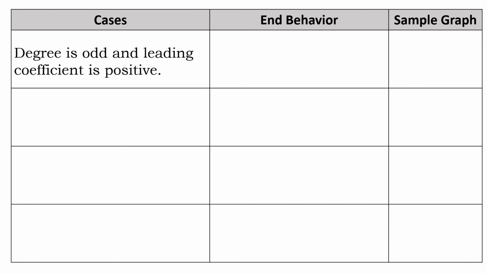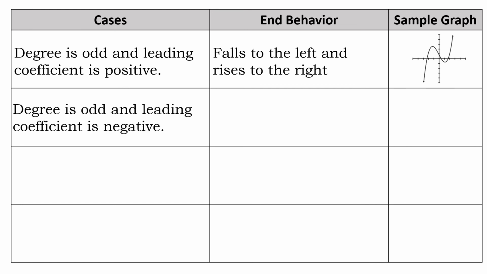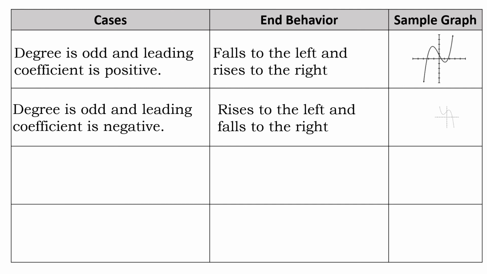If the degree is an odd number and the leading coefficient is positive, the graph falls to the left and rises to the right. Ito yung graph niya. Now, if the degree is an odd number and the leading coefficient is negative, the graph rises to the left and falls to the right.